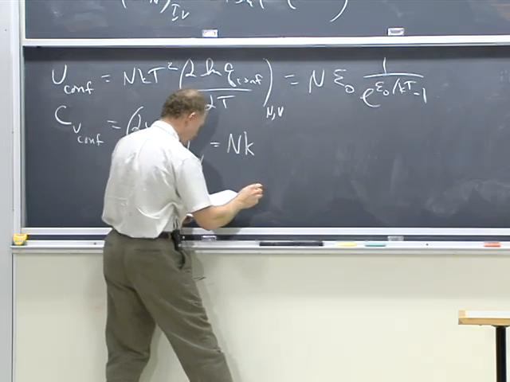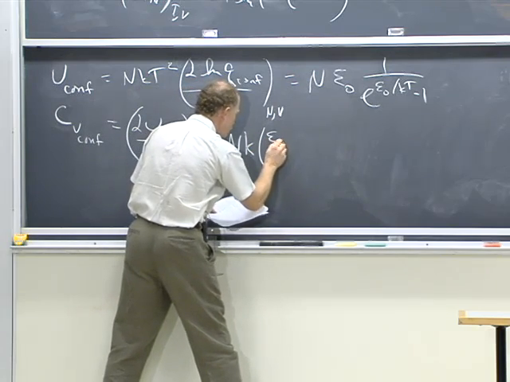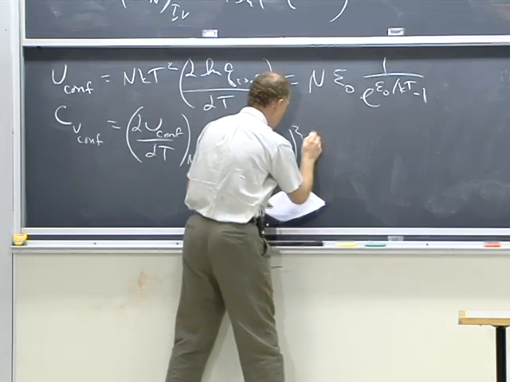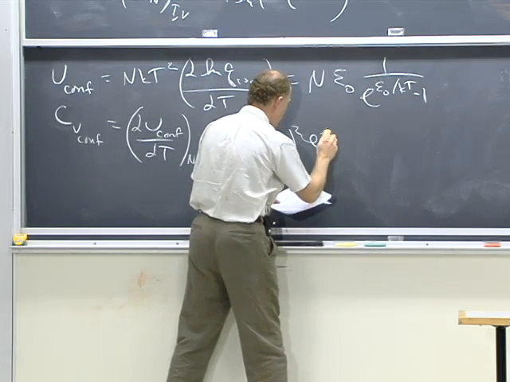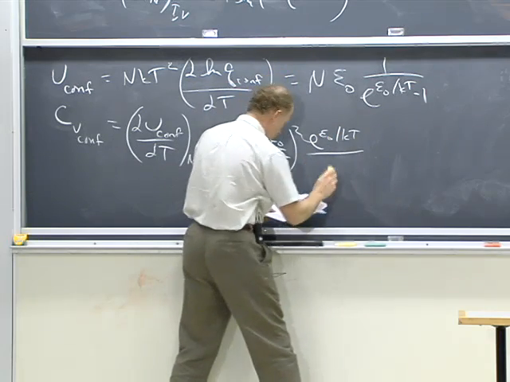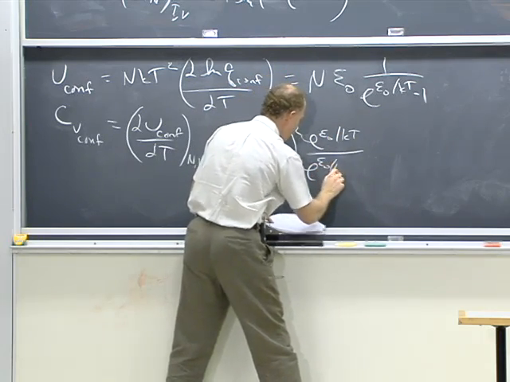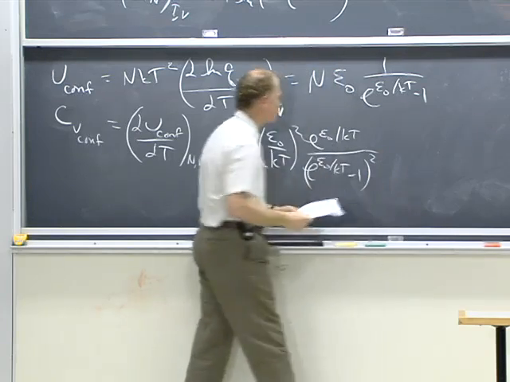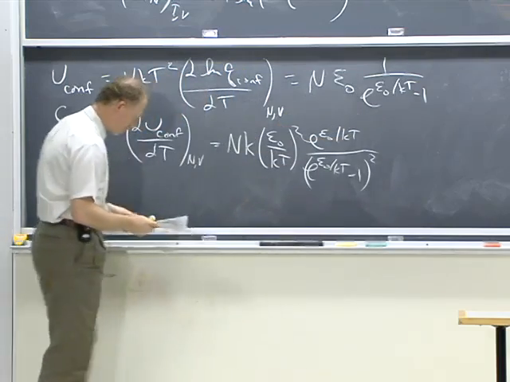It's Nk times epsilon 0 over kT, squared, times e to the epsilon 0 over kT over e to the epsilon 0 over kT minus 1, squared. Just taking the derivative in the usual way.